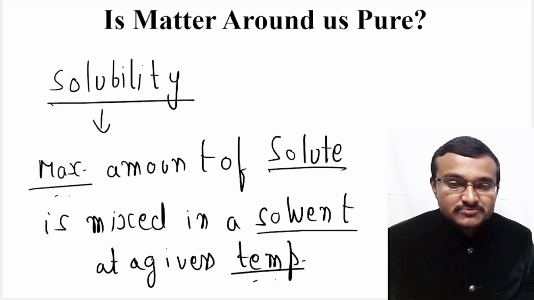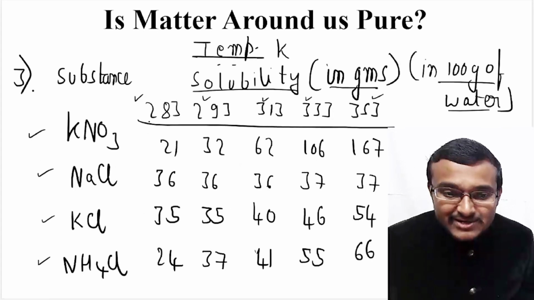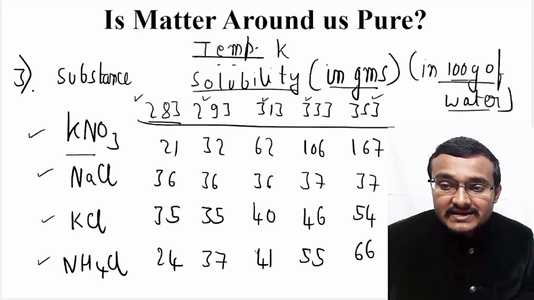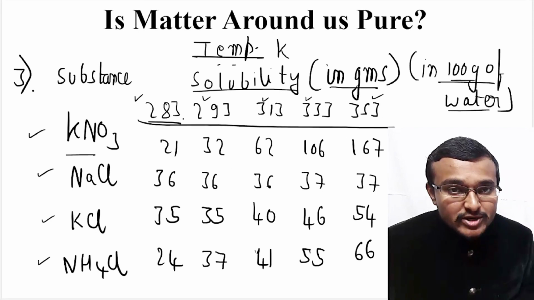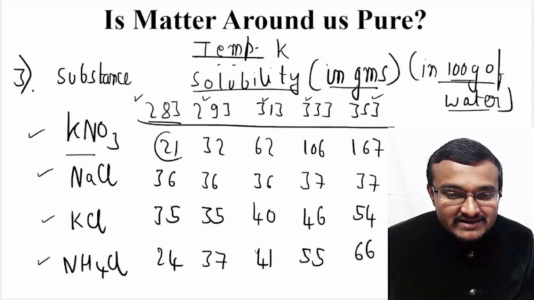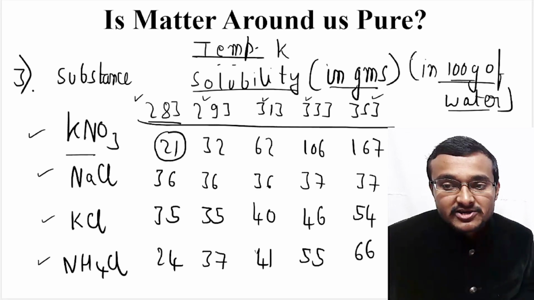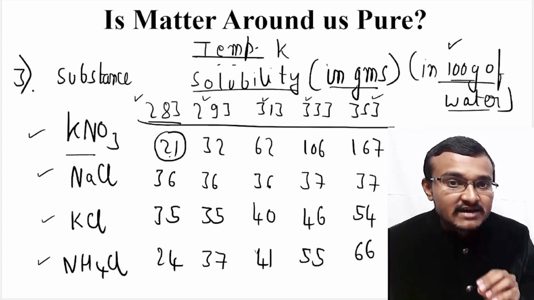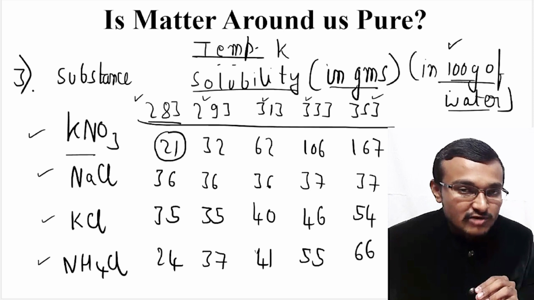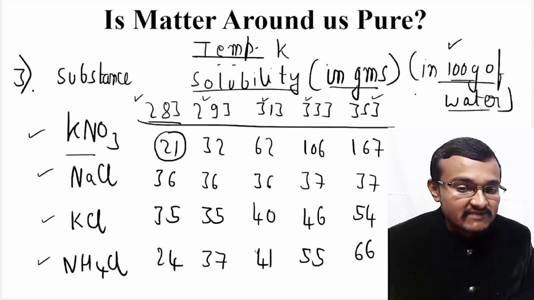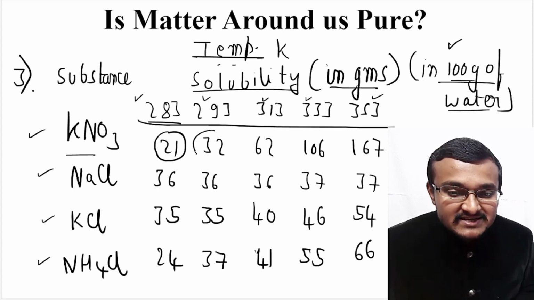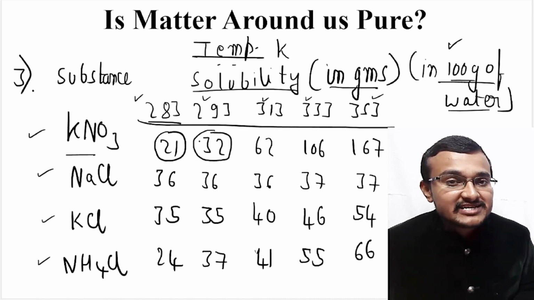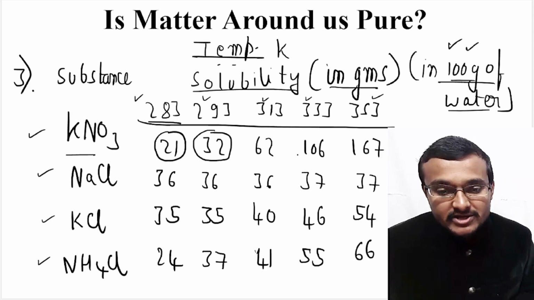Coming back to this question, KNO3 in 100 gram of water at 283 Kelvin: 21 gram can be put in this 100 gram. So 21 grams is the maximum that 100 gram of water can dissolve at 283 Kelvin. Similarly, if temperature is increased to 293, then 32 gram of KNO3 can be dissolved in 100 gram of water.